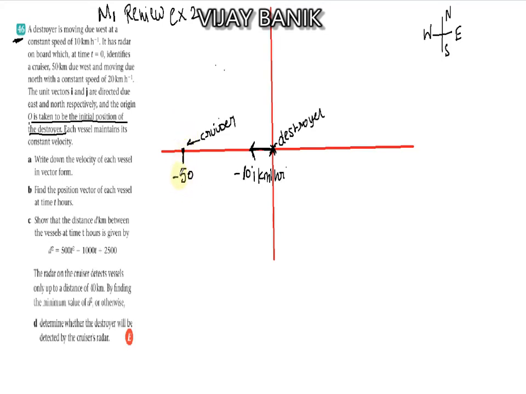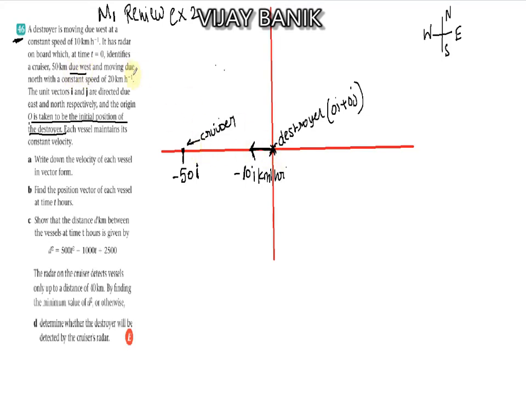Minus 50i. So minus 50i is its initial position. What is the initial position of the destroyer, by the way? Since it's at the origin, it's 0i and 0j. And the initial position vector of the cruiser is minus 50i, and they said it is due west, so that's the reason I took the left-hand side.